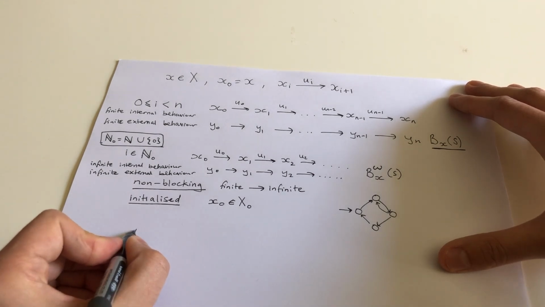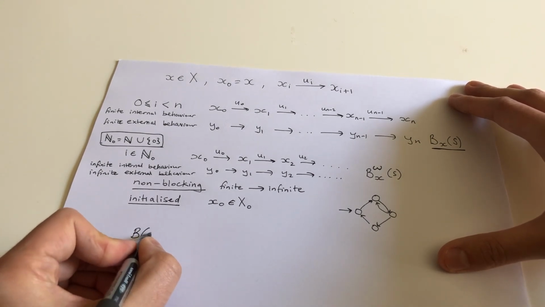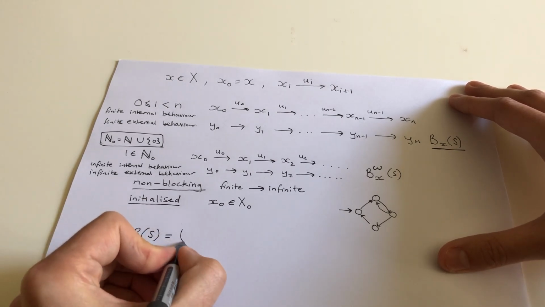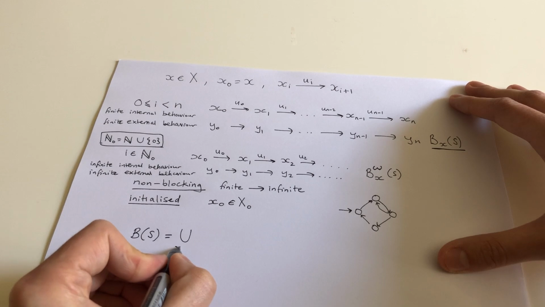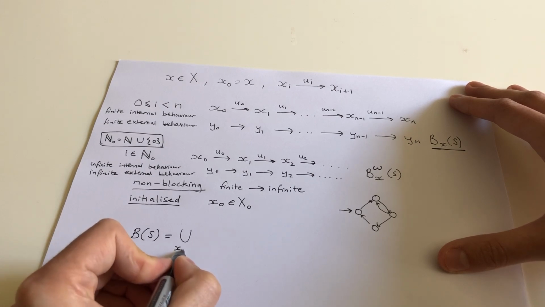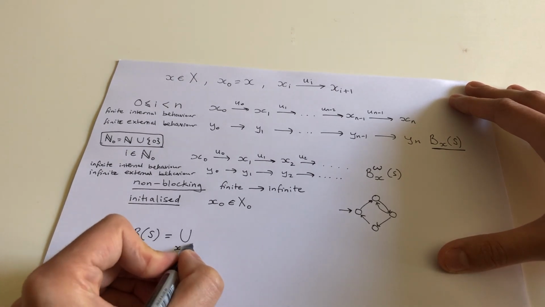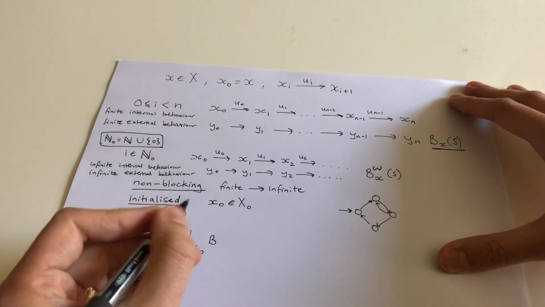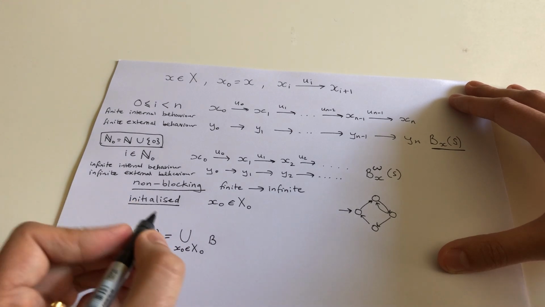So we can describe a behaviour S as the union for all elements x0 which are inside our initial set, and then we can describe this here.